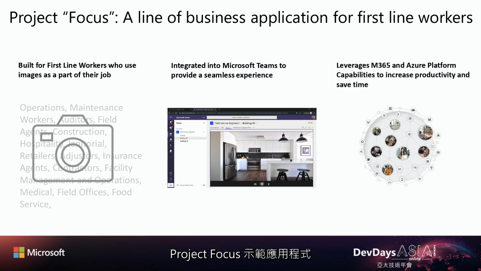Project Focus is a demo application that is integrated into Microsoft Teams and leverages a wide variety of Microsoft 365 and Azure platform capabilities. First-line workers can stay within the image they create to get work done. Project Focus creates more than just images, but an intelligent layer on a photo that increases productivity while saving valuable time of your first-line worker.